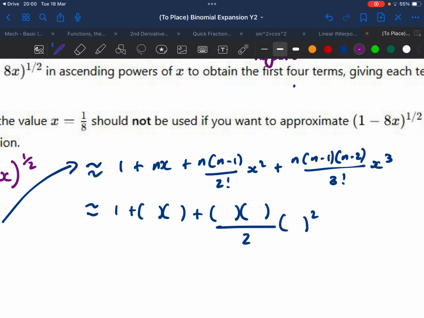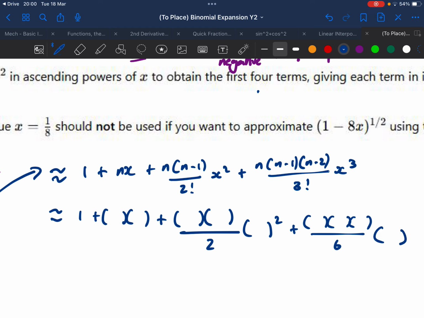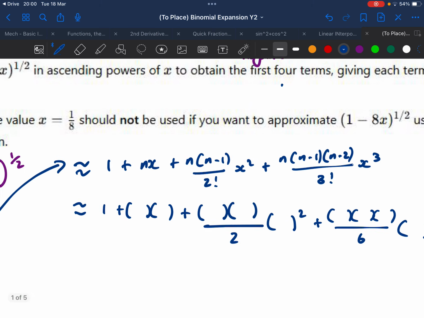Brackets squared, that's probably the single most important thing to do. Keep an eye on that in a moment. Plus bracket, bracket, bracket. 3 factorial means 3 times 2 times 1, which is 6. And finally, bracket cubed. I'm doing all of this because I'm not going to leave the brackets empty, and it's just going to make sure that I don't forget anything.